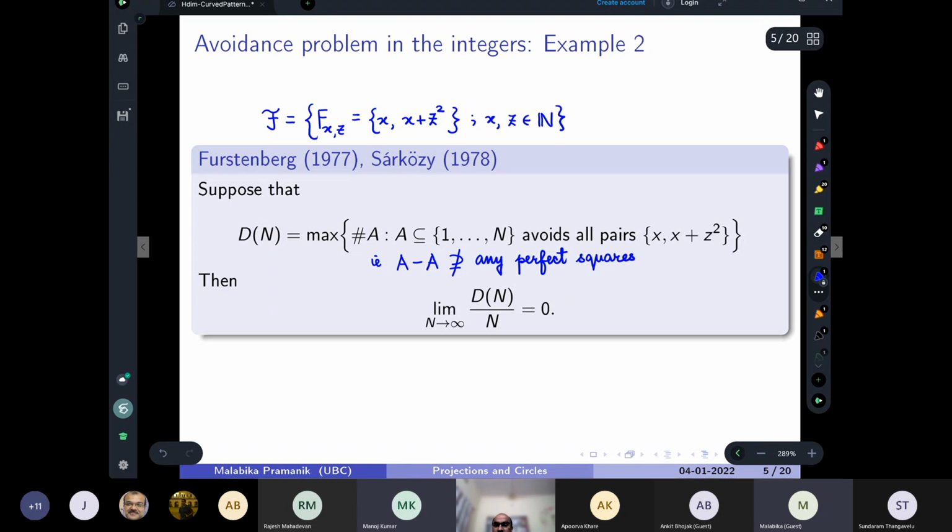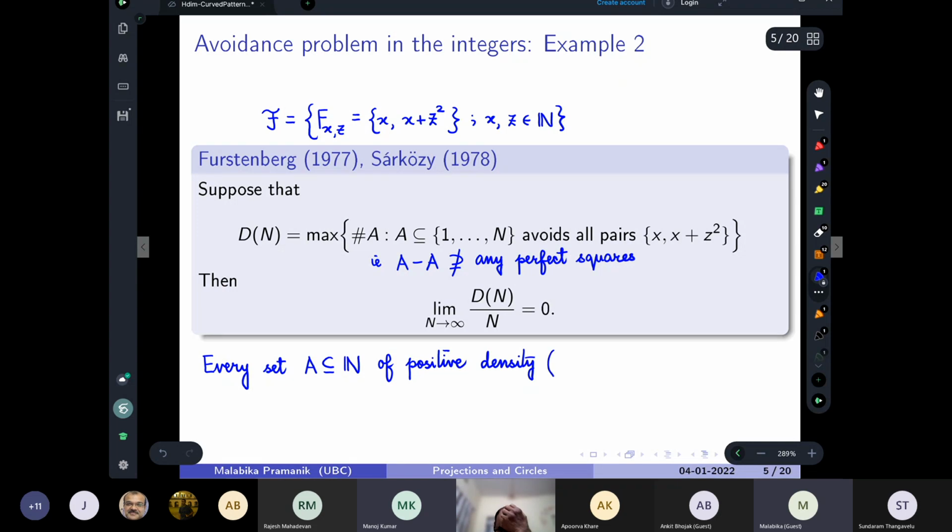Okay. And a result of Furstenberg and Sarkozy says that if capital A is such a set, then the maximal such cardinality of A divided by capital N has to go to 0. In other words, every set A of positive density, and what do I mean by positive density?